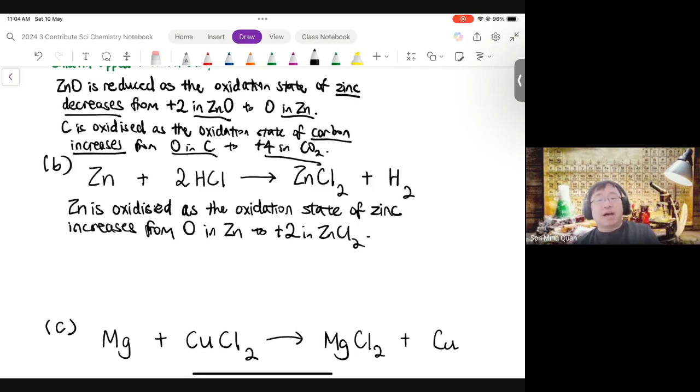Now, after zinc is done, the next step will be to do either hydrogen or chlorine. Now, I will do hydrogen simply because I realize that hydrogen at the very end is an element, it's 0.